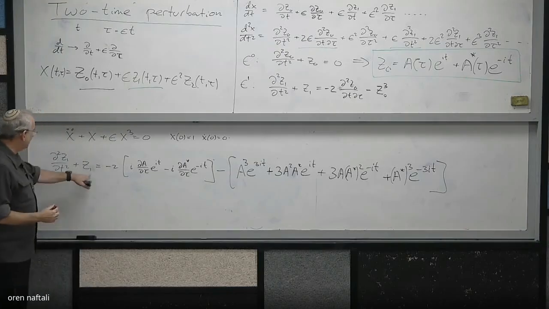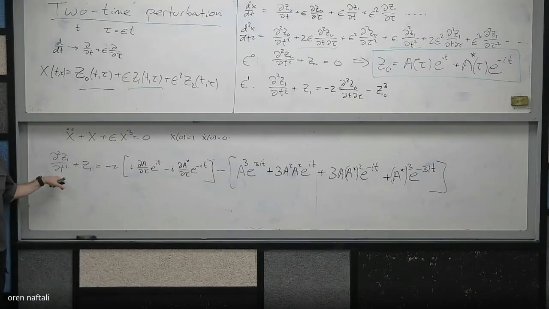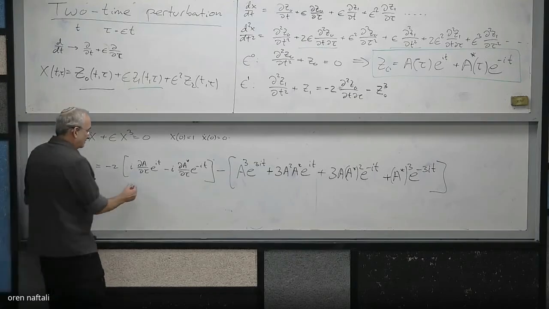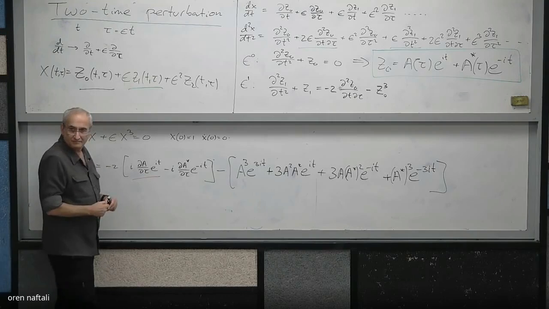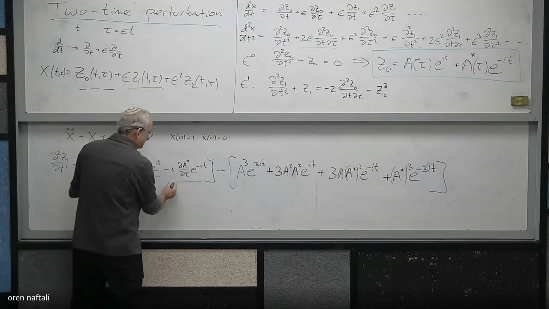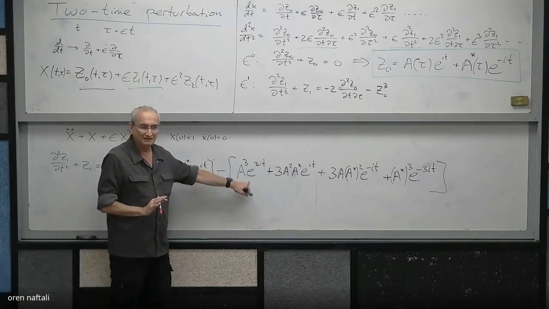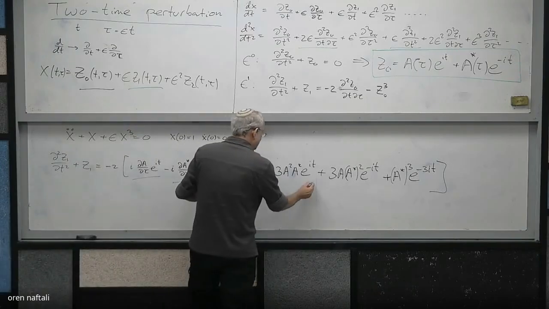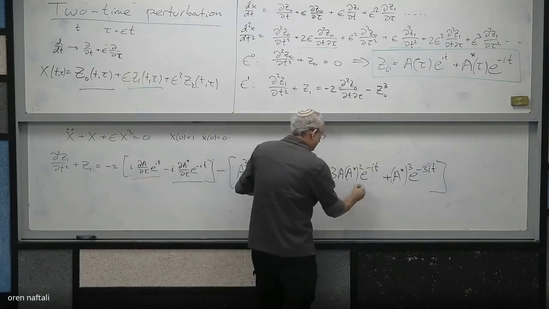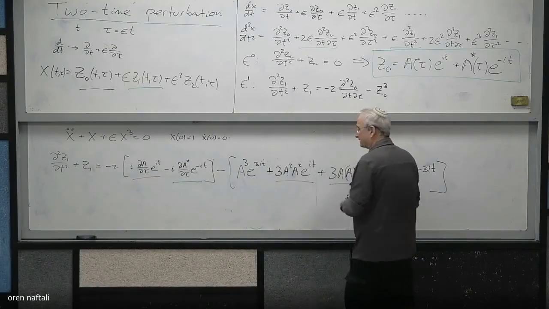So we know that this equation resonates with every inhomogeneous term with frequency 1. So who are the dangerous guys? First, second, fourth, and fifth terms. This is dangerous. This is benign. This guy is fine. This is dangerous. This is dangerous. And this one is fine.